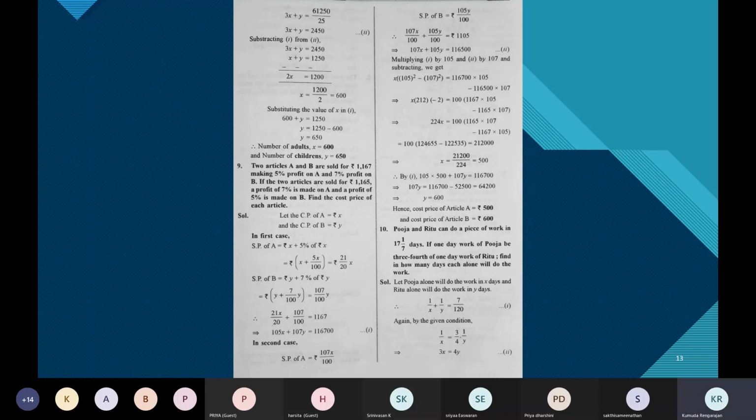Minus 2x plus 2y is equal to 200, ma'am. 200. So when you simplify the first one on taking 212 common, 233.